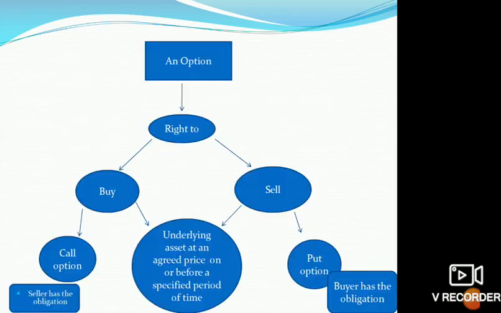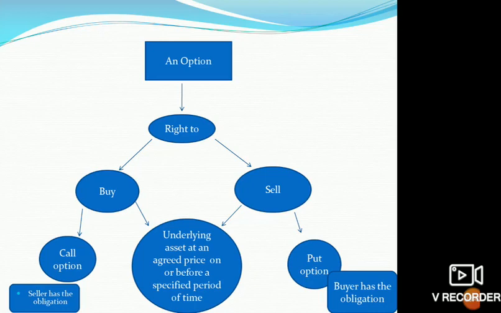So let's understand with this graph. In an option, if party A has the right to buy and party B has the obligation to sell. Remember, when one party has the right to buy or right to execute the contract and he is going to buy, then it is called a call option. Obviously the opposite party has the obligation. If it is a buying contract, then the opposite party is in the selling position.